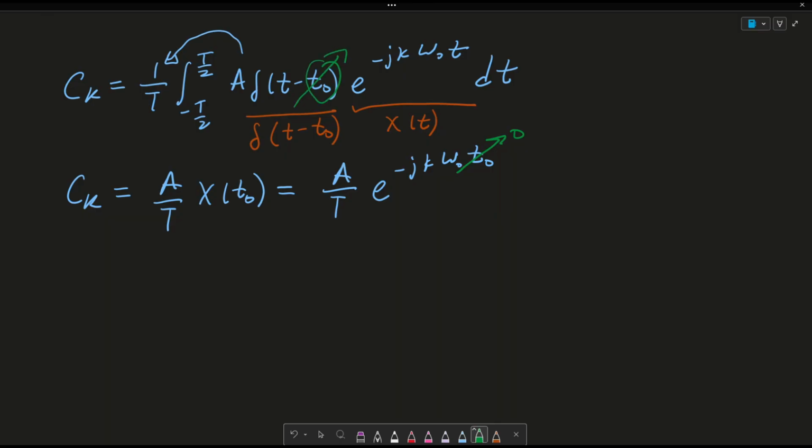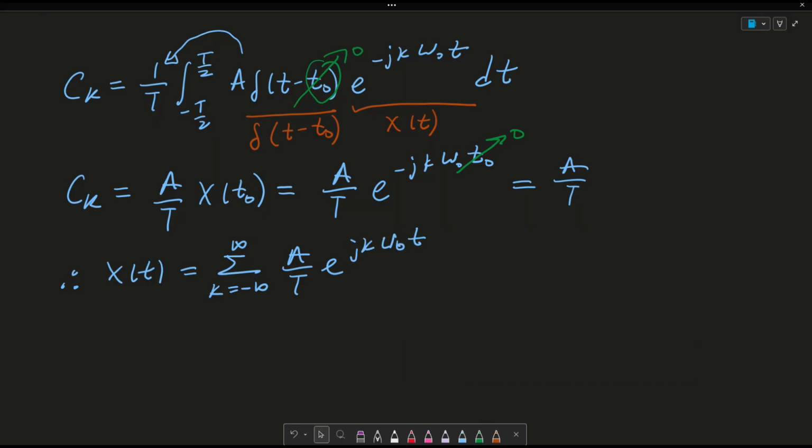Because here, this is 0. So then this basically becomes A over T. So then we can go ahead and solve for X of T. And we get that, therefore, X of T is equated to the sum as K is equal to negative infinity to infinity of A over T e to the j k omega naught T.